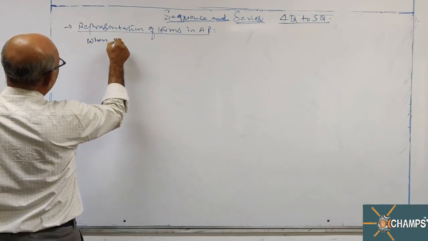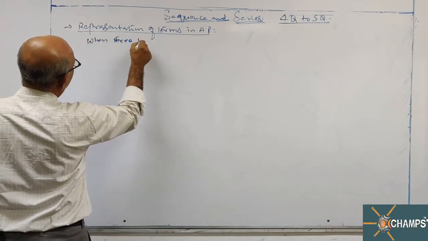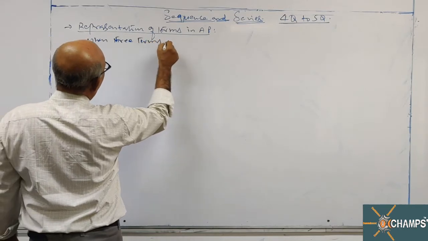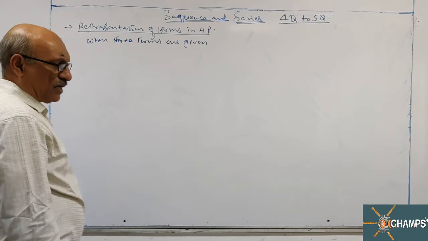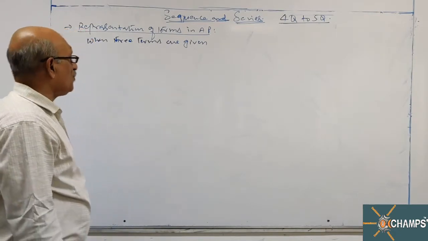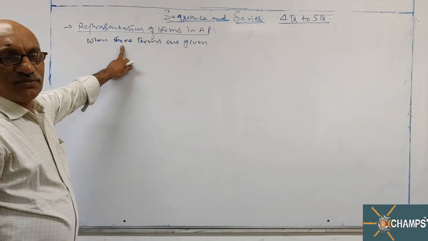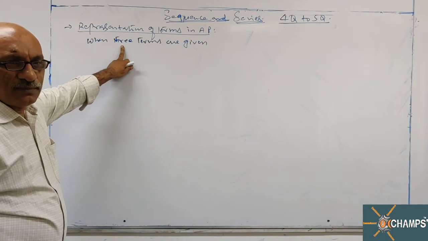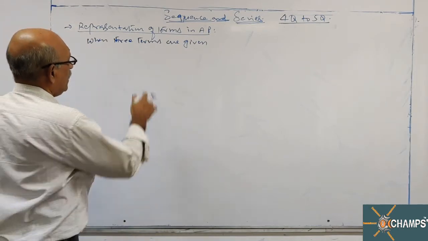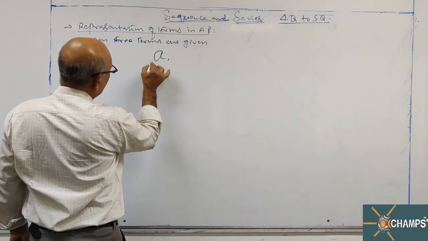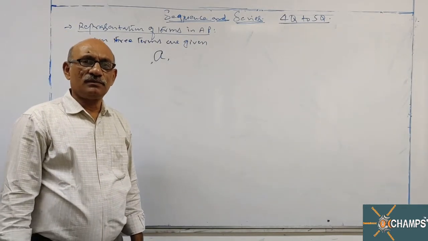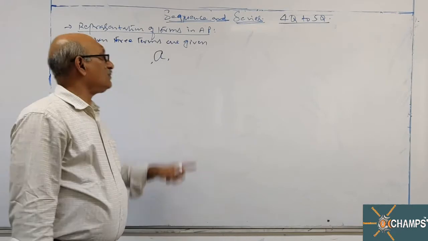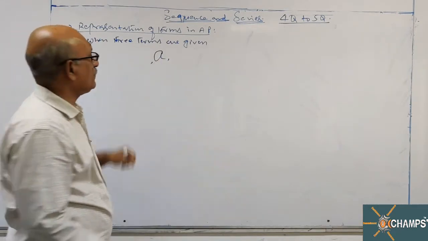When 3 terms are given, 3 is an odd number. When the number of terms is odd, there is one middle term, fix it as A.